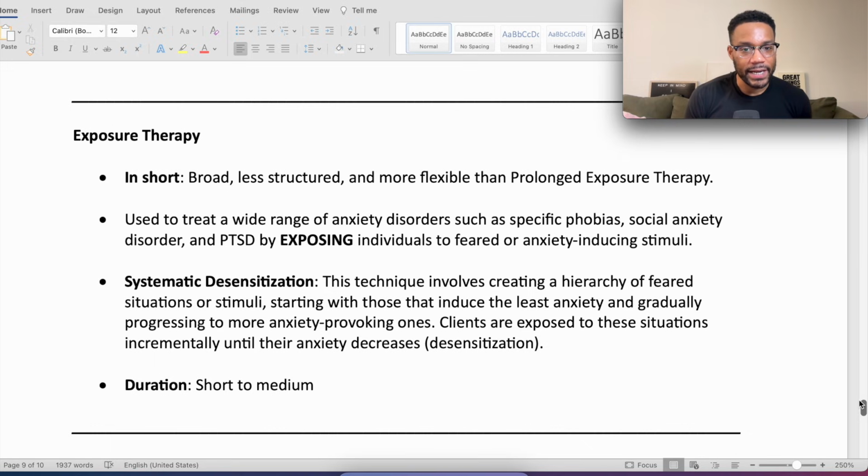In systematic desensitization, this technique involves creating a hierarchy of feared situations or stimuli, starting with those that induce the least anxiety and gradually progressing to more anxiety-provoking ones. Clients are exposed to these situations incrementally until their anxiety decreases (desensitization), and the duration is typically considered short to medium.